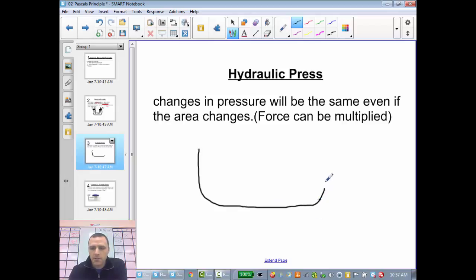It's going to look something like this. We're going to start off with a smaller area, and then the second part of the U-shaped device is a bigger area. So let's say now that we place those rubber stoppers, a smaller one here, and we have a larger one here.